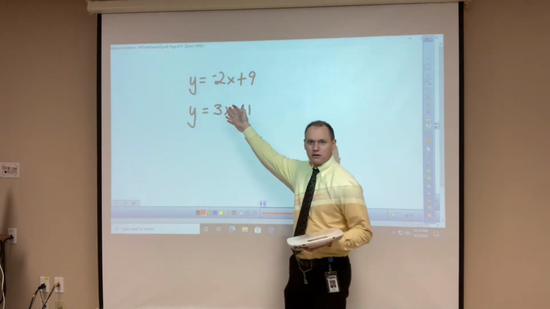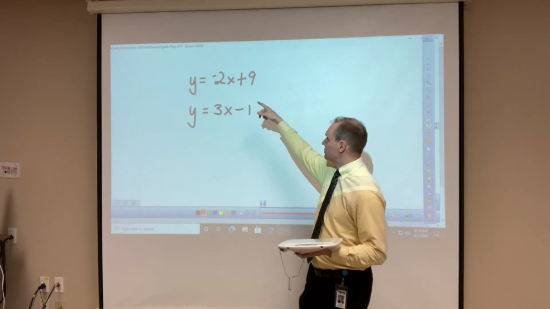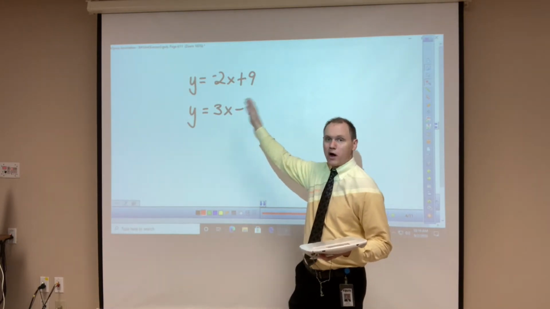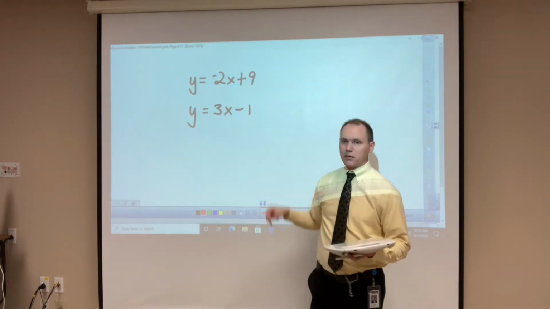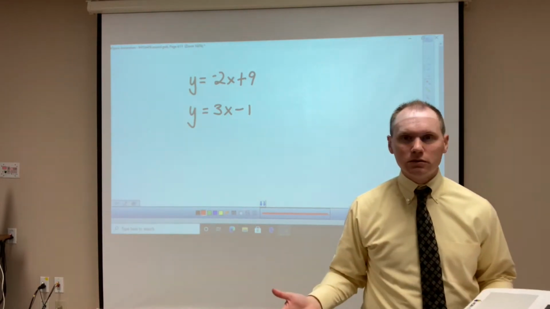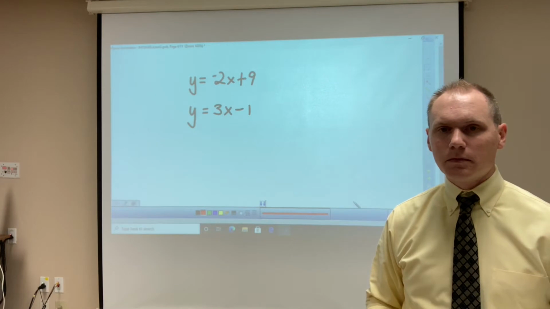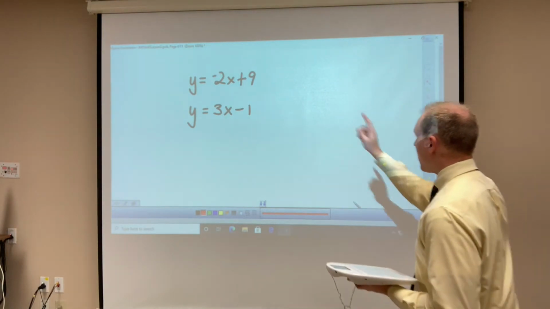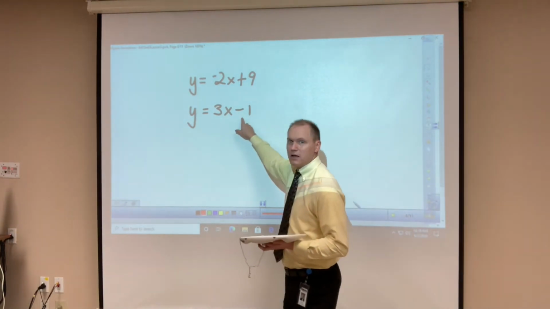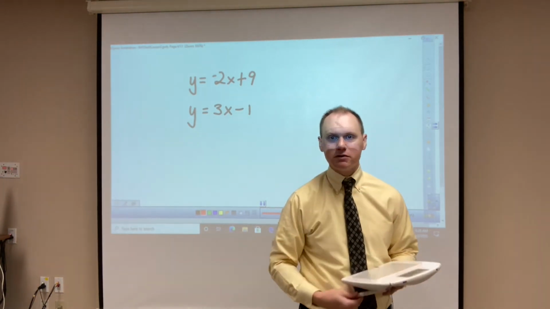Similar situation. We've got y is equal to negative 2x plus 9. y is also equal to 3x minus 1. So what must be true? Take a second. Think about it. Hopefully you're thinking, if y is equal to this and y is equal to that, then those quantities must be equal.